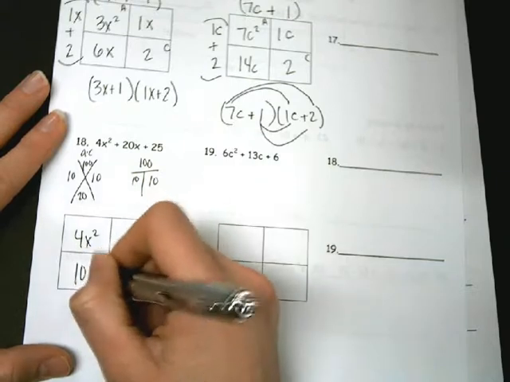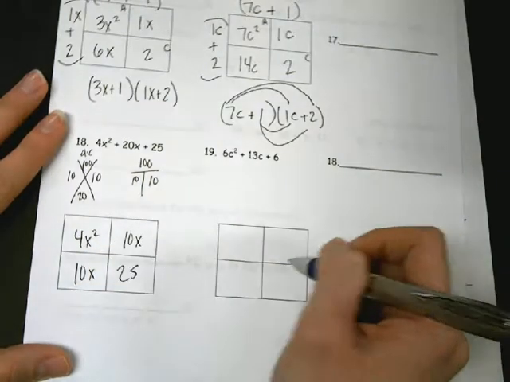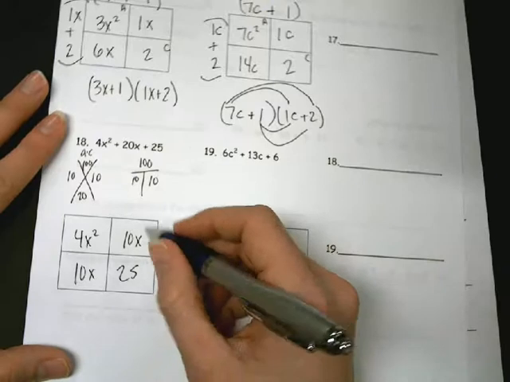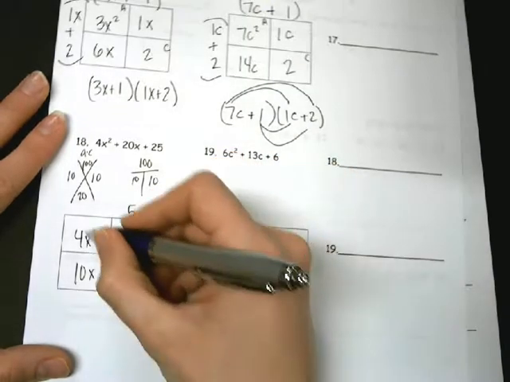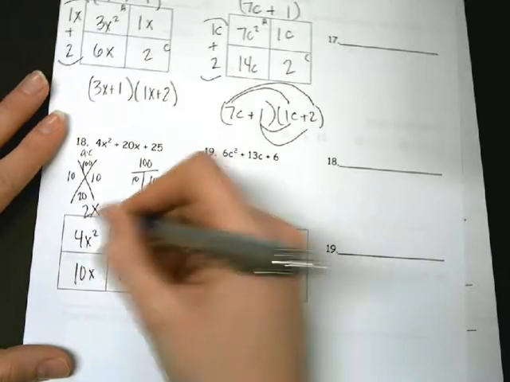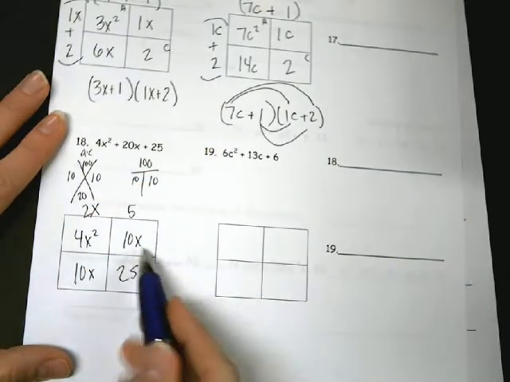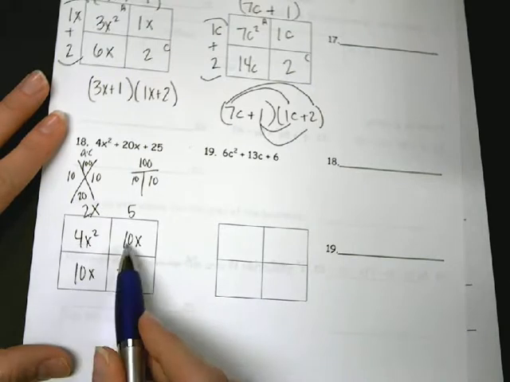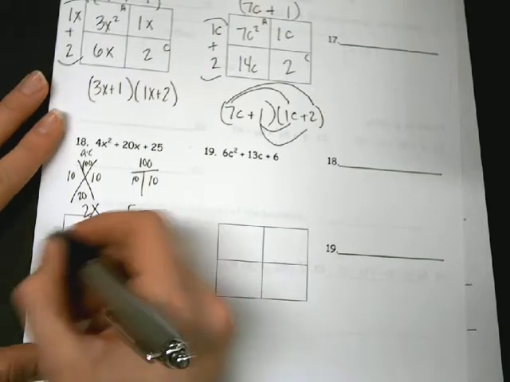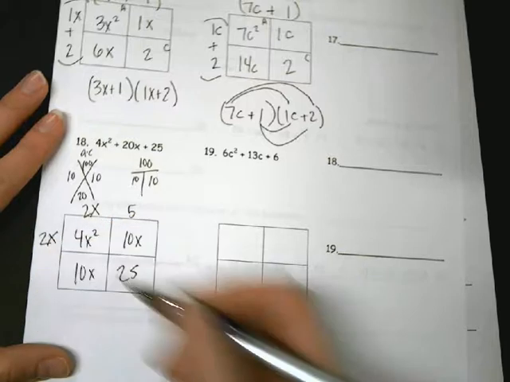Then you look for your greatest common factor. In this case, it'll be a 5 there. In this case, it'll be a 2x. Across here on your rows, you've got 2, because 4 can be divided by 2, and 10 can be divided by 2. And they both have an x. Across here, you've got both of them have a 5.